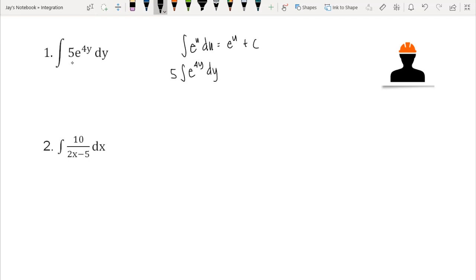However, before we can apply this rule, we need to identify first which is u in this case. We know that our u is equal to 4y, correct? Since this is our u here from our general form e raised to u. Now, our du, if we differentiate 4y, that would give us 4 dy, correct?